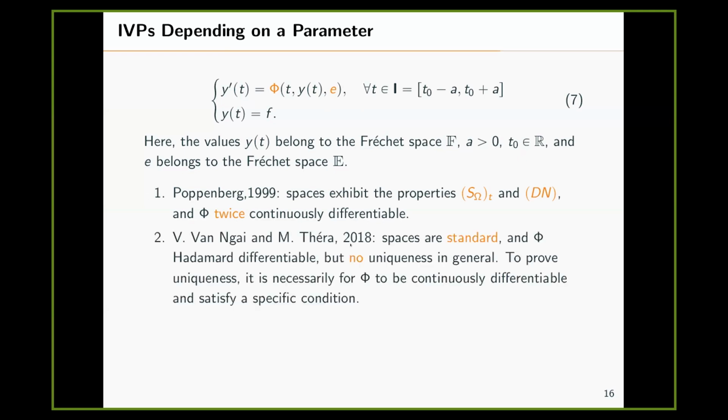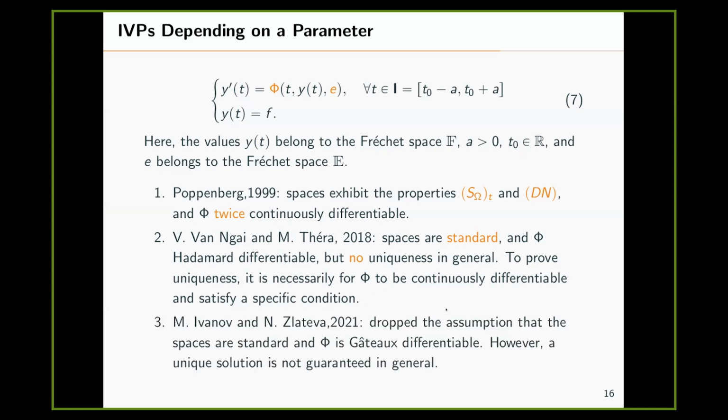Then, recently, inspired by some new developments in the inverse function theorem, the results were improved for broader classes of spaces known as standard spaces, and for functions which are weaker differentiable, but here we don't have uniqueness. To prove uniqueness, we need the data function to be continuously differentiable and to satisfy specific conditions.